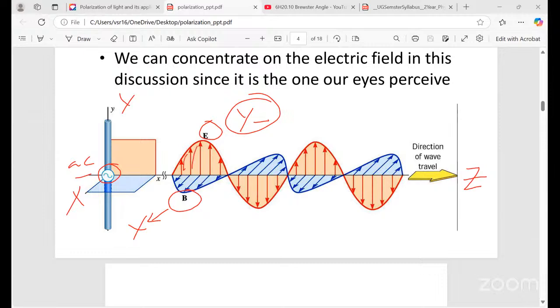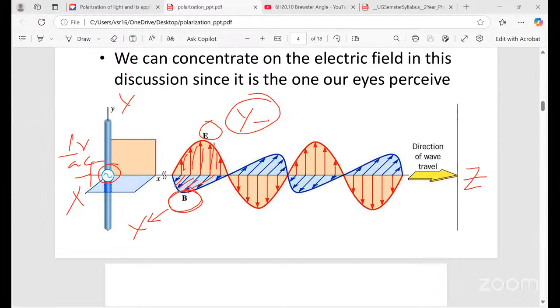So the red color is indicating the component of the electric field vibrating along the y direction, and the component of the magnetic field is vibrating along the x direction. Between x and y, both are perpendicular, 90 degrees. That means the electric field as well as the magnetic field are perpendicular to each other. Okay.